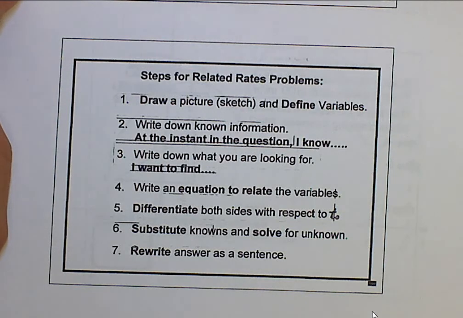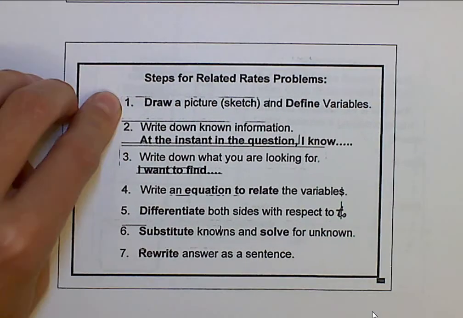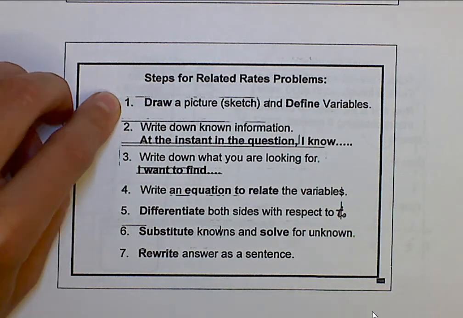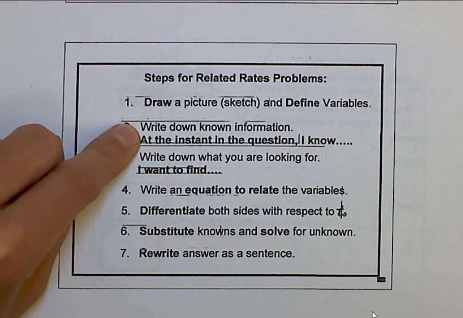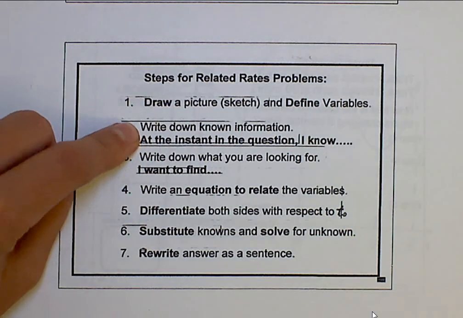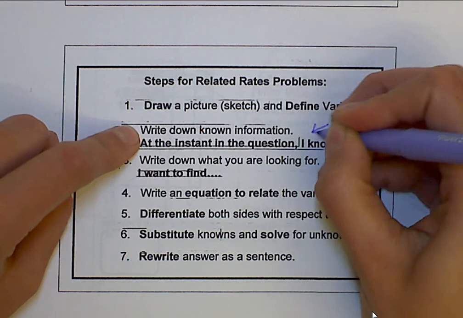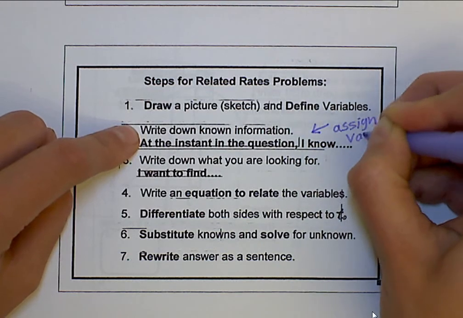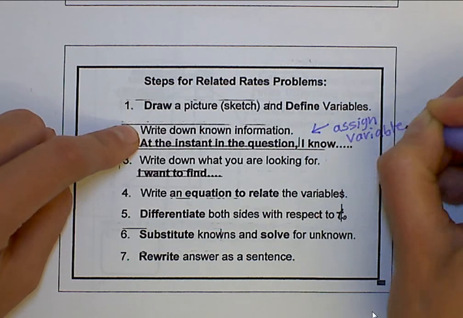Okay, so these steps are fairly similar to that for optimization. It's always a good idea to start with a drawing or a sketch so that you can visualize what is happening. Write down any information you know, and when you do, you should also assign variables.